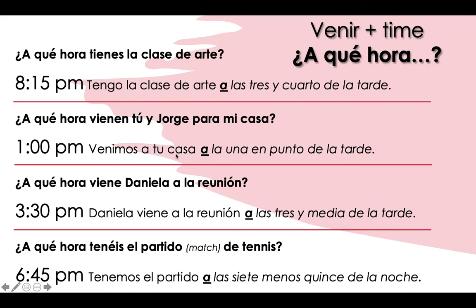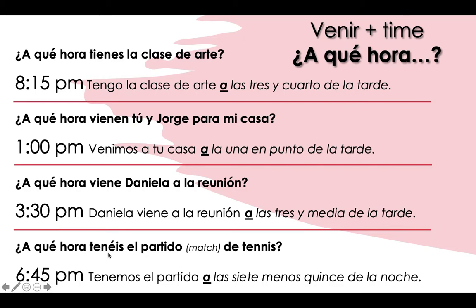We're coming to your house at 1 o'clock p.m. ¿A qué hora viene Daniela a la reunión? Daniela viene a la reunión a las 3:30 de la tarde. So Daniela is coming to the meeting at 3:30 p.m.